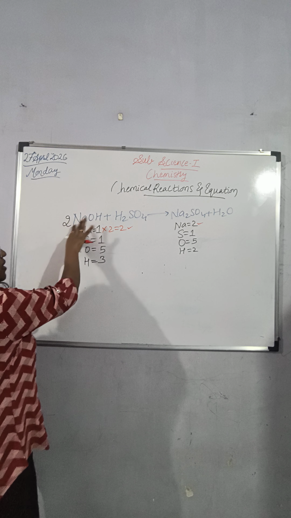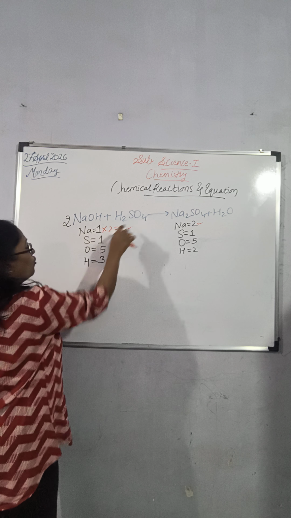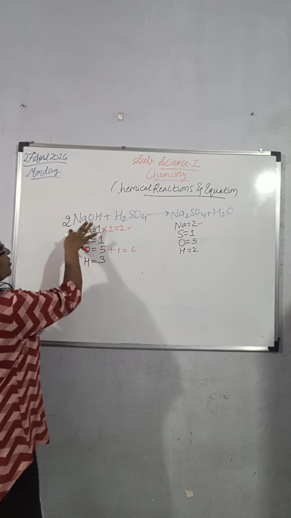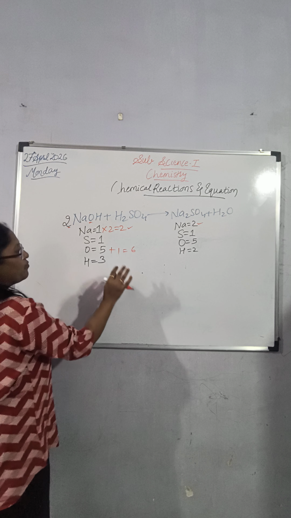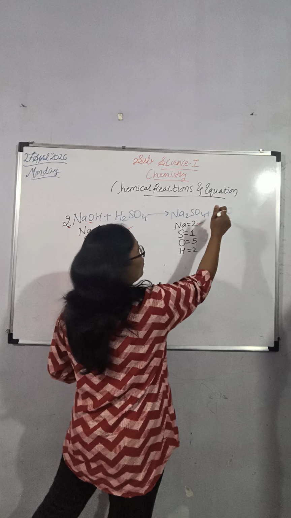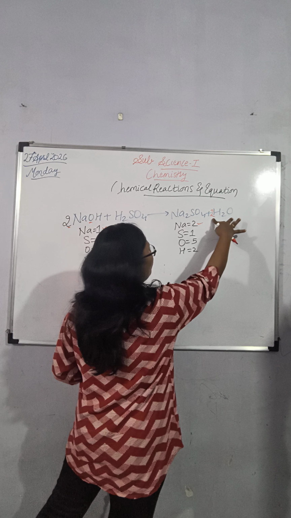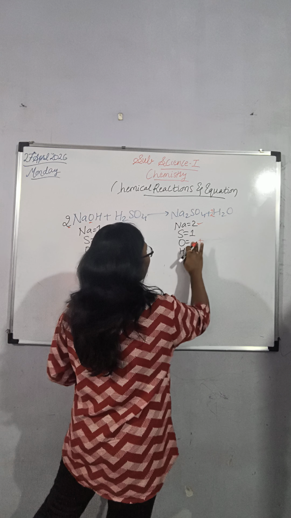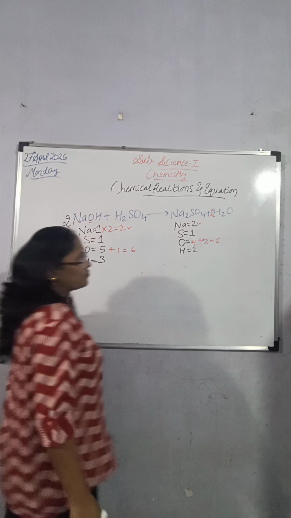Now oxygen: here 2 and here 4, so oxygen becomes 6. Here it is 5. So we will multiply this by 2. So here 4 and here 2, 6. Again 4 plus 4 here, and this 2 becomes 6.